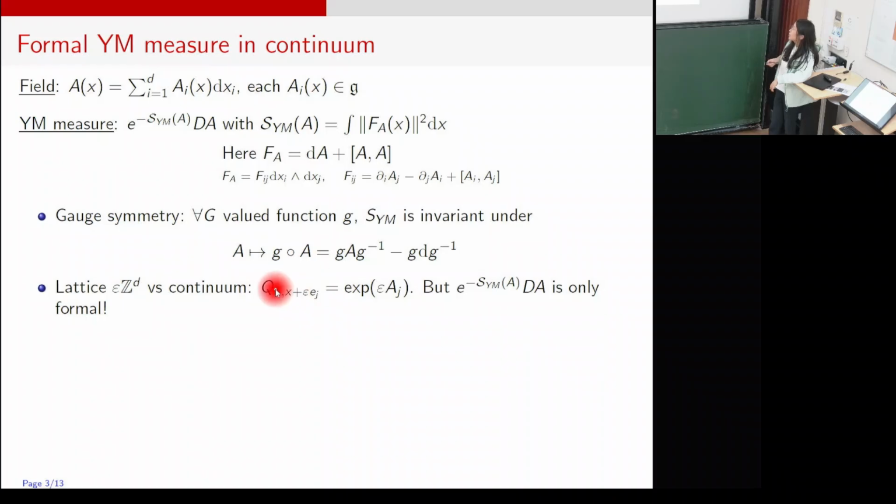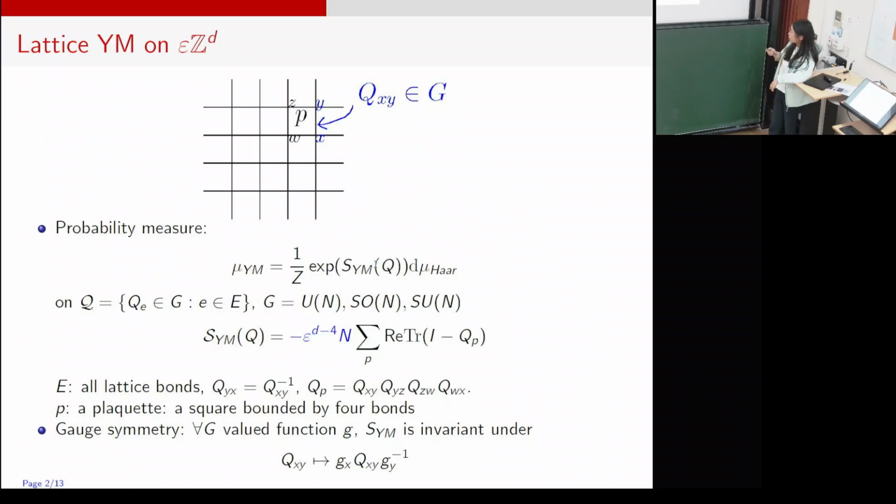So if we substitute this formula into the discrete action function, as I just mentioned, this term is like some discrete version of the derivatives. In this case, we have epsilon to the power minus 4.